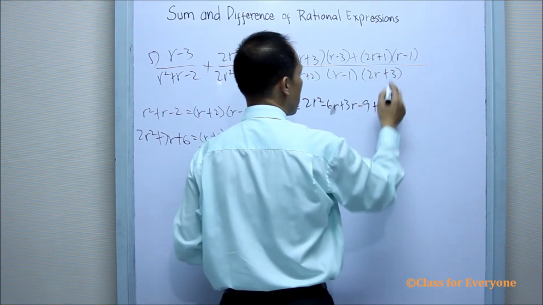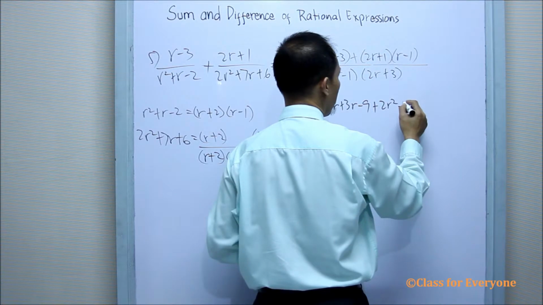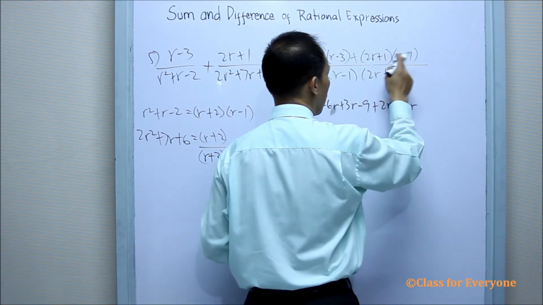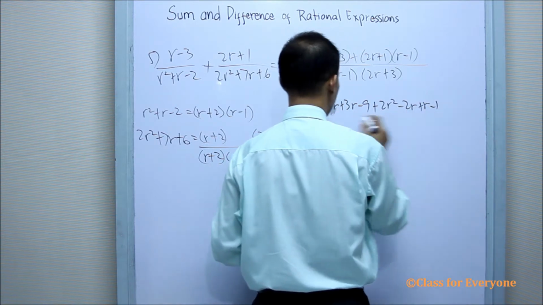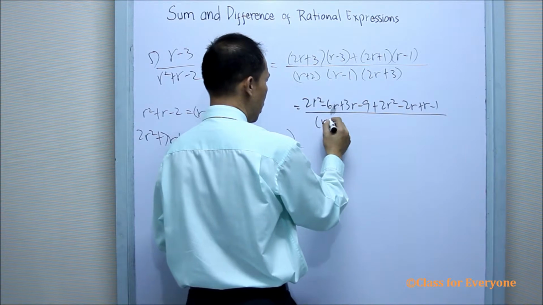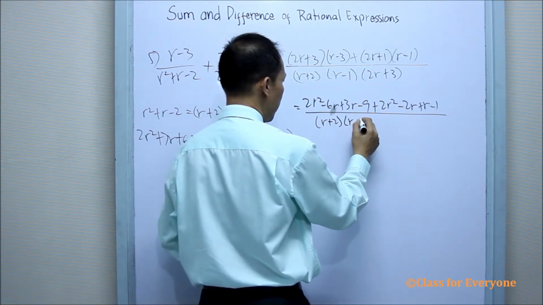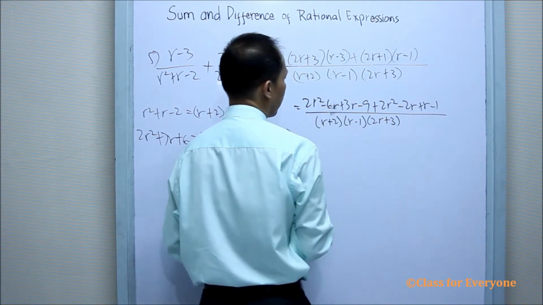Plus 2r times r is 2r squared. 2r times negative 1, you have negative 2r. 1 times r is positive r. 1 times negative 1, negative 1. All over the LCD, (r + 2)(r − 1)(2r + 3).